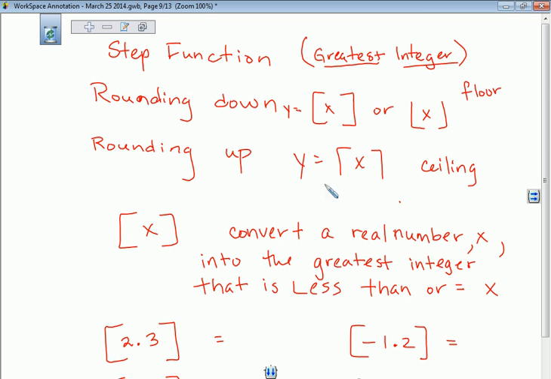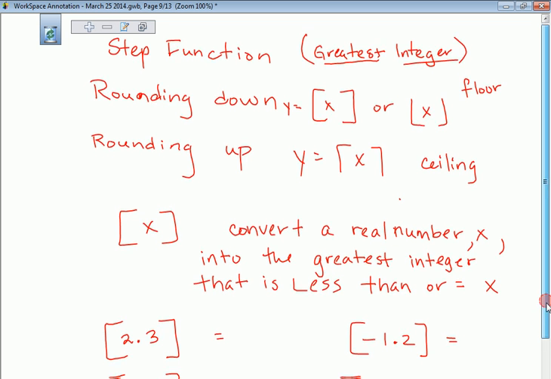Alright, so what does this x inside these brackets, a rounding down, mean? It means we're going to convert any real number x into the greatest integer that is less than or equal to x. What is the greatest integer that is less than or equal to x? So I have a few here that we can look at.